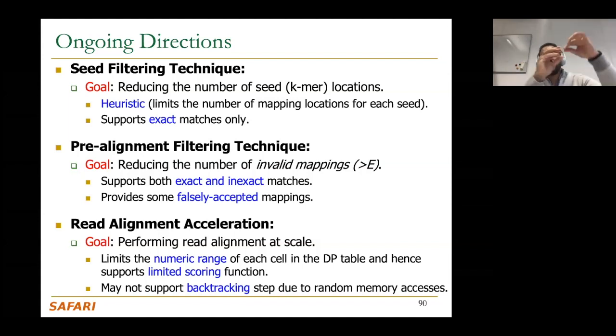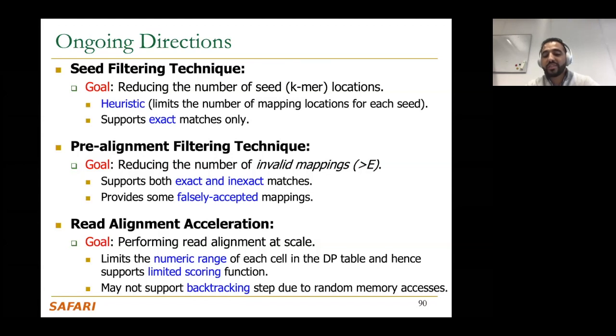But at the end, when you accumulate all these values cell by cell, you might end up having 16-bit numbers or 8-bit numbers. Of course, it depends on the score you assign to each insertion, deletion, and so on. So you could do some heuristics such as limiting the range for each cell, or limiting the scoring function. But you could also do something like not supporting the backtracking step.